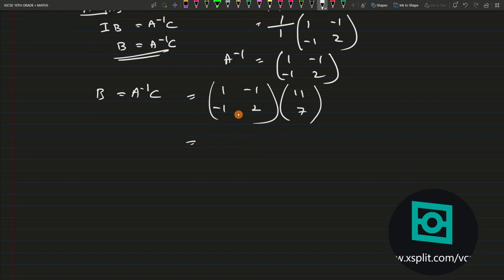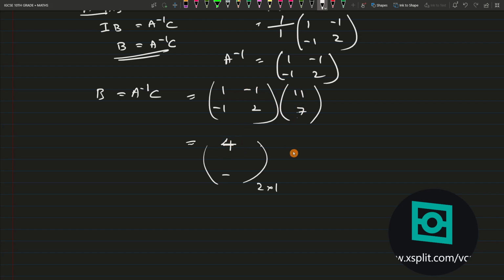Now B happens to be a 2 by 1 matrix. So a 2 by 1 matrix will be like this: 2 rows and a single column. We know that B is a 2 by 1 matrix. So this will be first row and this column. First row, this column: 11 ones are 11 minus 7. 11 minus 7 is 4.